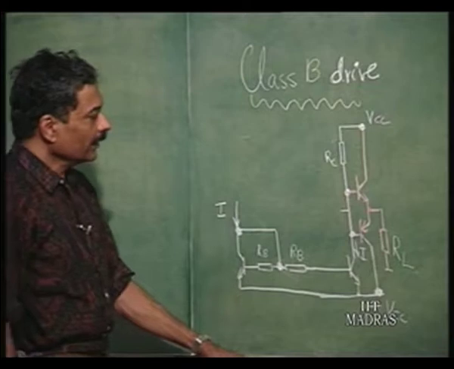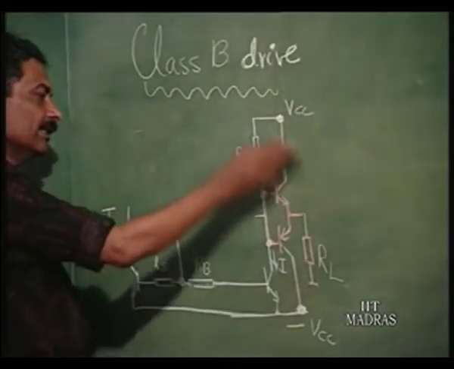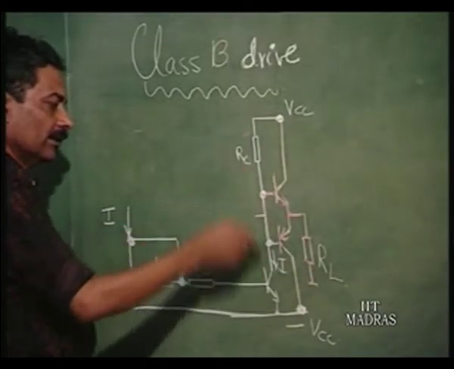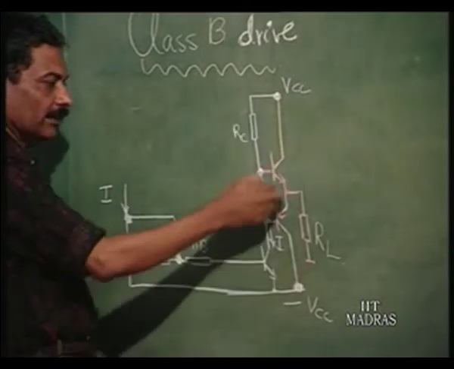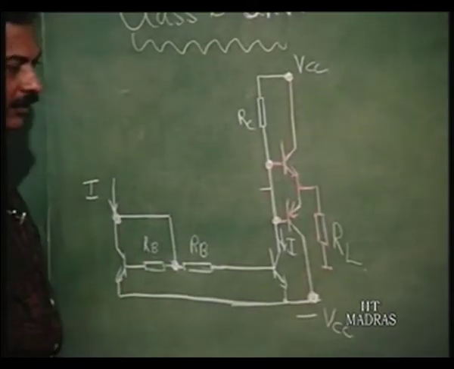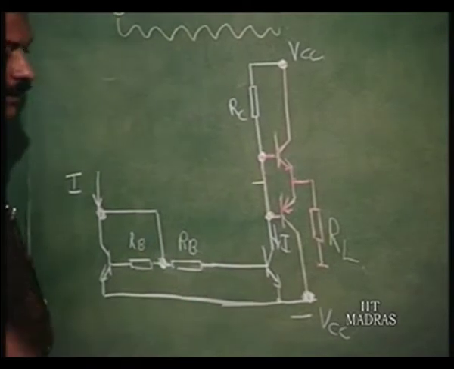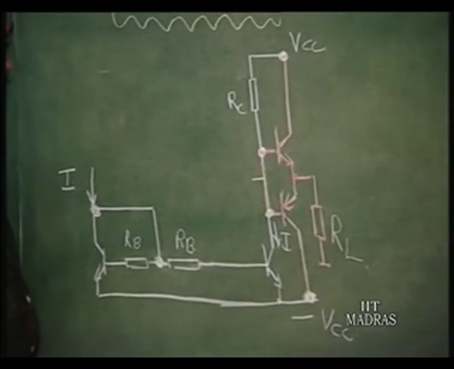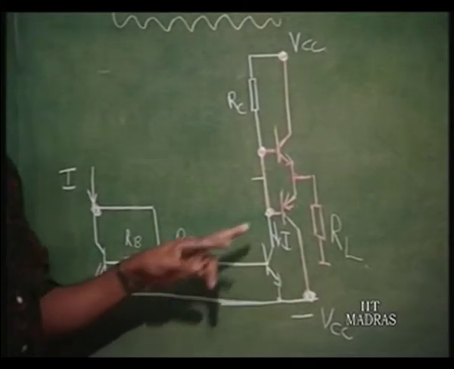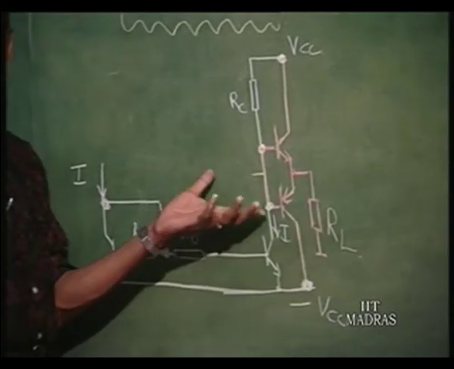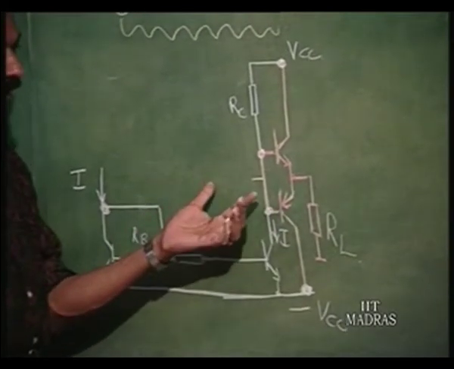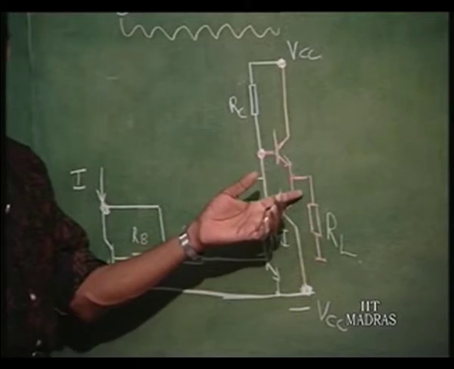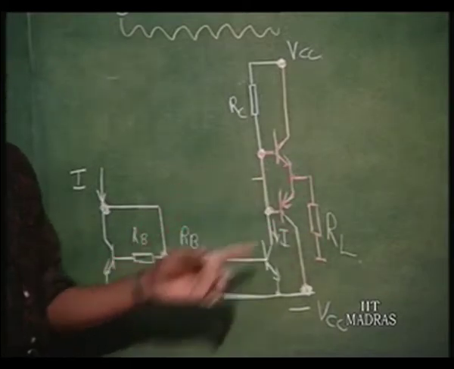So, let us consider the complementary symmetry transistor here, drawn in this red color, with load also indicated there. Load is an important part, because unless we put the load, even if these are biased properly, these are not going to conduct. So we must put the load in order to make this conduct.